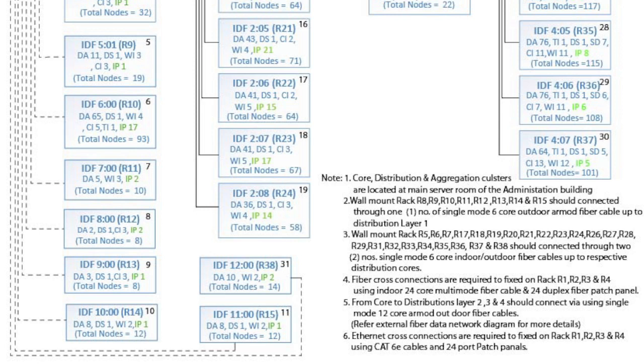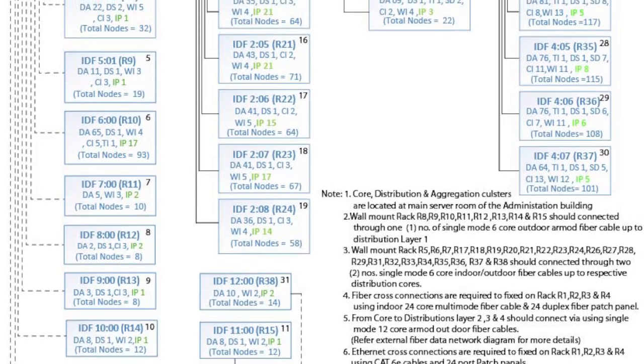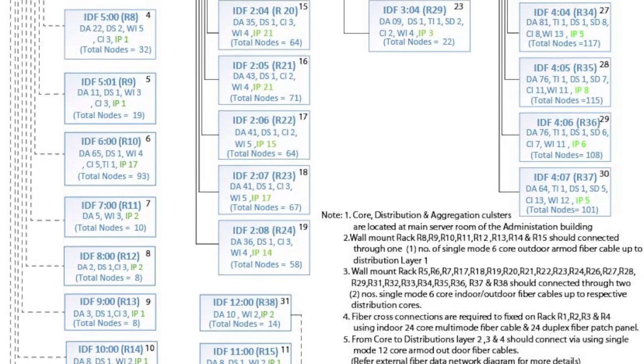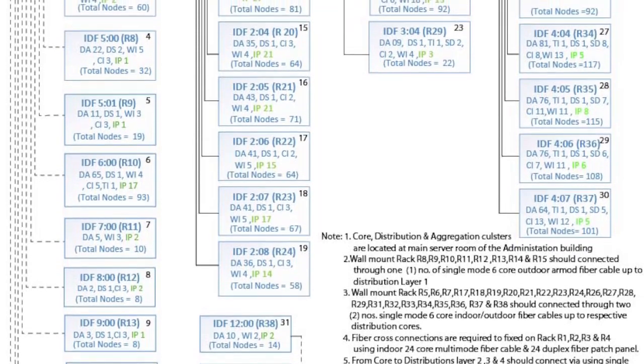So this diagram shows the actual network design for our faculty. So what we have is we start with a number of switches distributed across different areas within the faculty, different buildings.